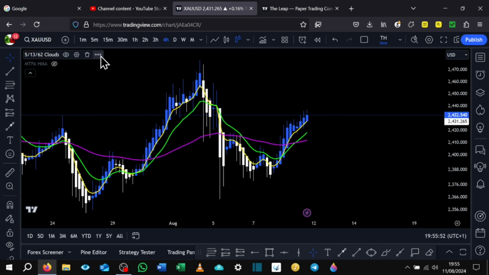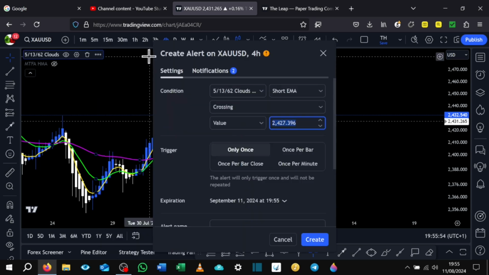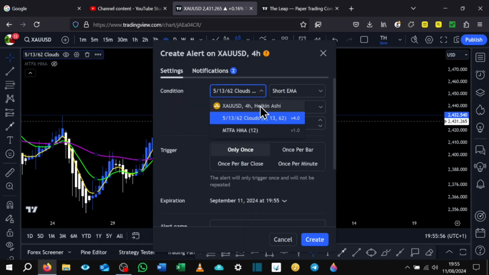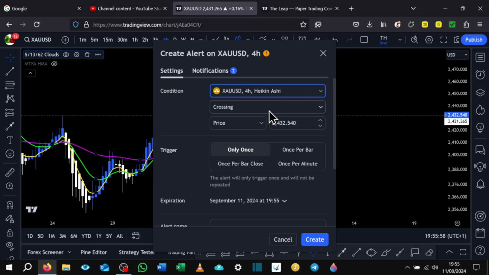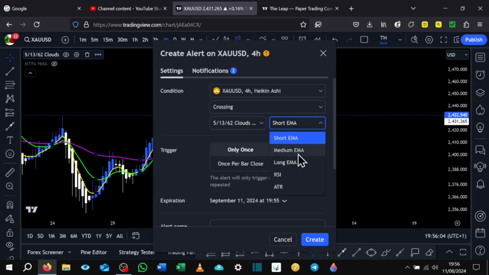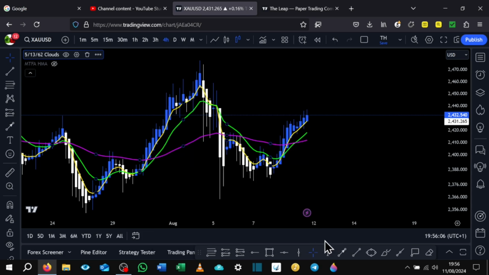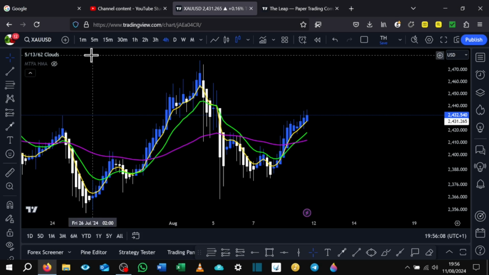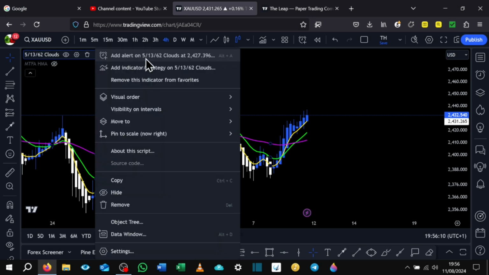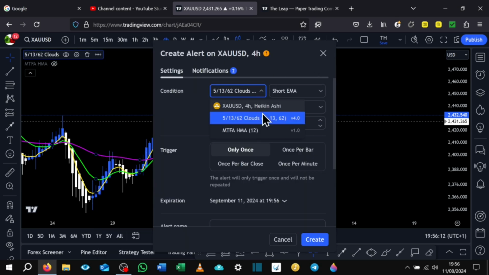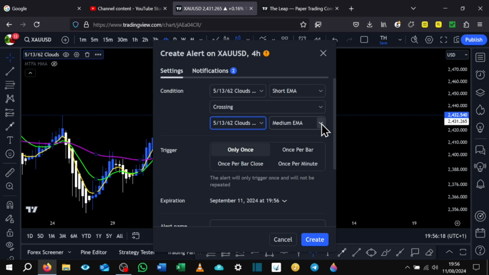I think I did. I think I caught this move here, which was great. And what I'm going to do now is set up the alert for the gold price crossing the medium EMA. And then I'm also going to set this to the short EMA crossing the medium EMA.